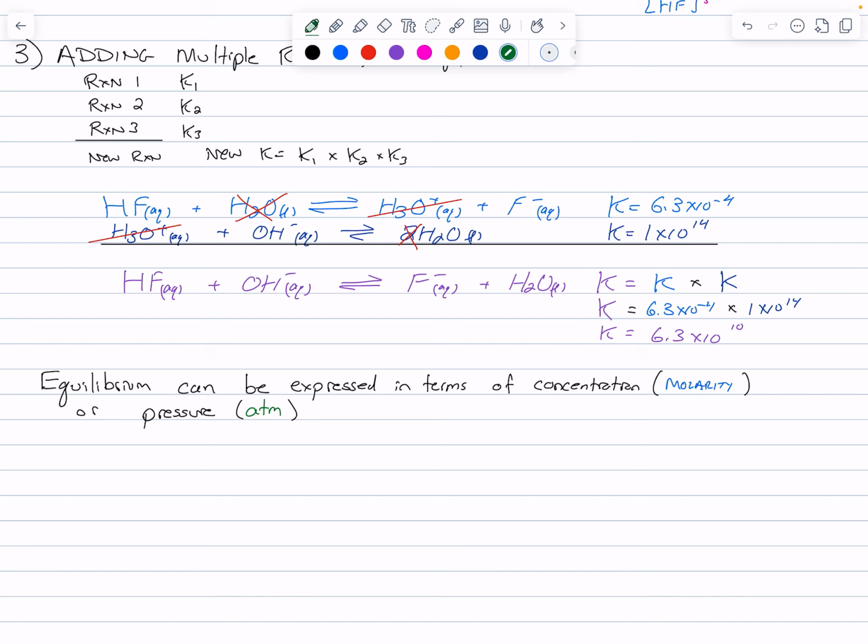And so we're going to now add Kp, that's with pressures, which is going to be equal to Kc, for concentration, times RT to the delta n.